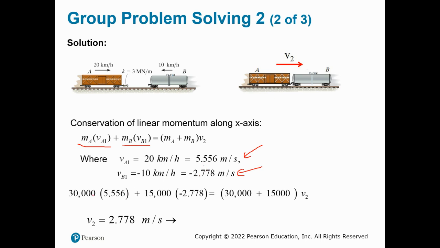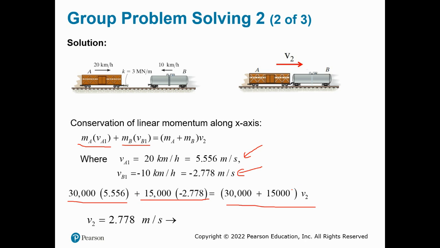So initially, I have mA vA, and then mB vB, since vB is going to the left, it's negative, right? So this is my initial linear momentum for A and B. And then later they stick together, okay? And this will help me calculate the velocity after they stick together.